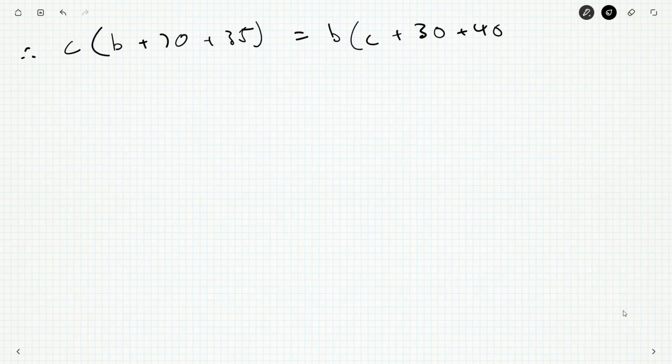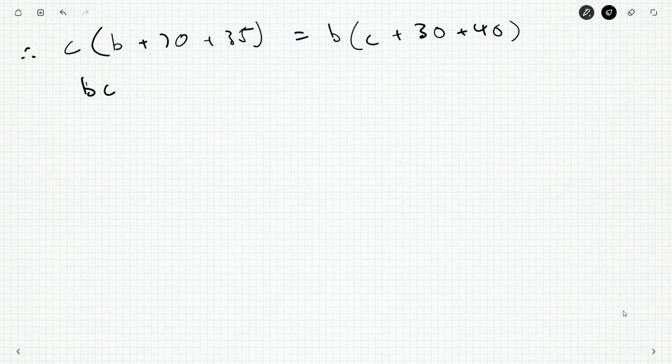So that tells me C times the one side must be equal to B times the other side. And we'll get BC, not a problem. This BC and the other BC are going to cancel out, but we'll get 70 and 35 is 105.